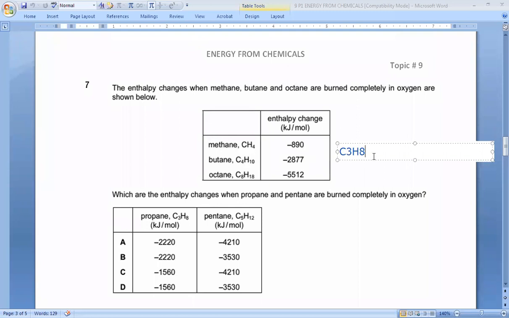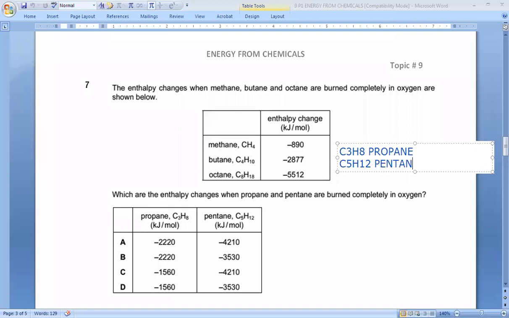But with three carbon atoms, the enthalpy change should be less than 2877. Another compound is pentane. We have 5 carbon atoms along with 12 hydrogen atoms, so the value of C5H12 must be greater than butane. C3H8 is called propane and C5H12 is called pentane.